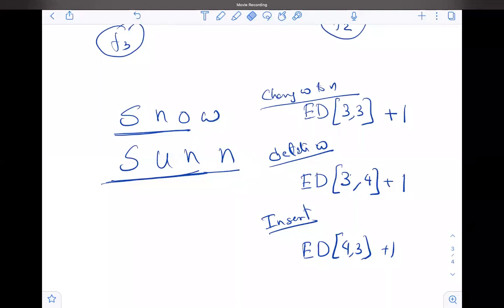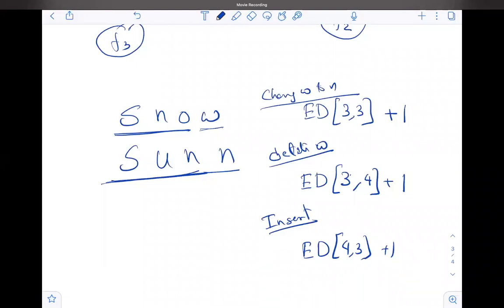We can change W to N, which changes the last one to N. Or I can remove W for now, which means maybe later I will do something else, but for now I remove W. Now my string becomes smaller, so the cost is changing SNO to SUNN. That's the deletion part. Yes, sir, this was fine.